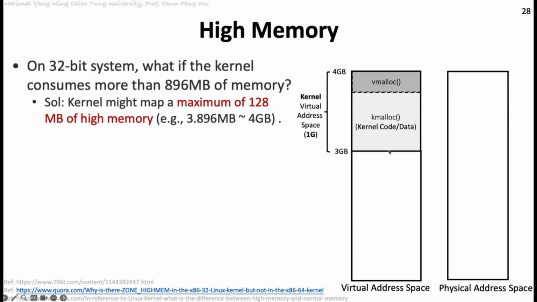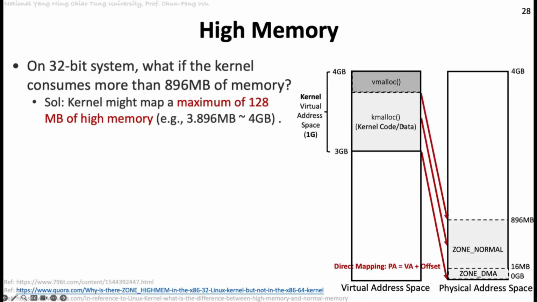For this top 1 gigabyte, from 3 gigabytes to 3.896 gigabytes, kmalloc is used, and usually kernel code and data are placed here. Why is it like this? Because this space directly maps one-to-one to the physical address space here.